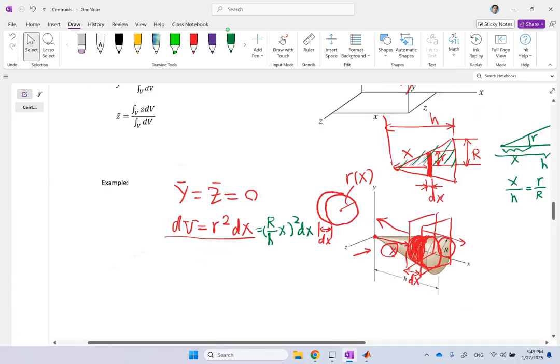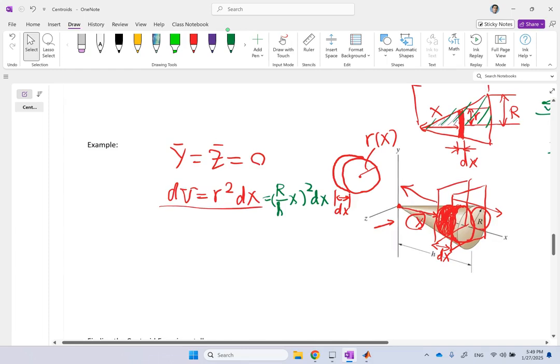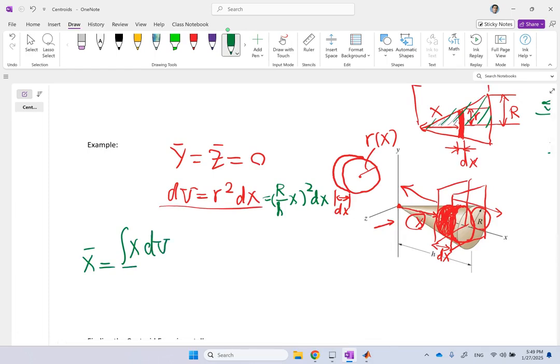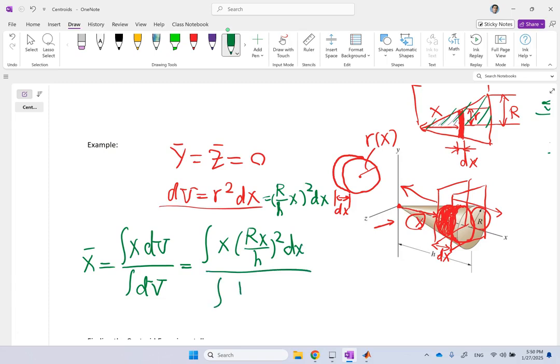That is your dV. And remember, the only thing I need to calculate is x bar. So x bar is integral of x dV over integral of dV. So it is going to be integral of x times whatever we have over there, and x goes from what to what?